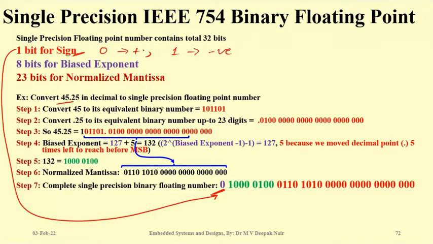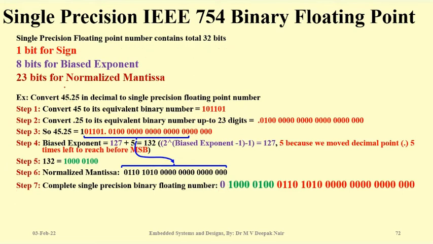Because 45 is positive, this number is positive, you dedicated 1 bit, 0, for representing a positive number. Now after that, this 132 has been shifted to this number after the 0, and then the normalized mantissa has been moved. So now if you check here, you will get the complete number.